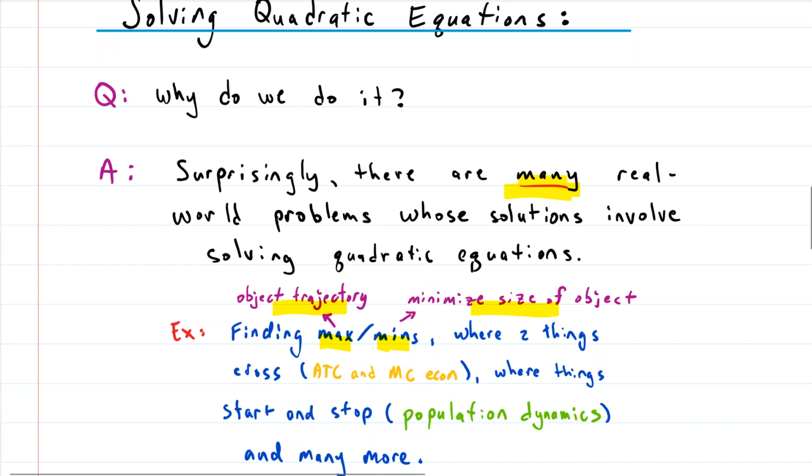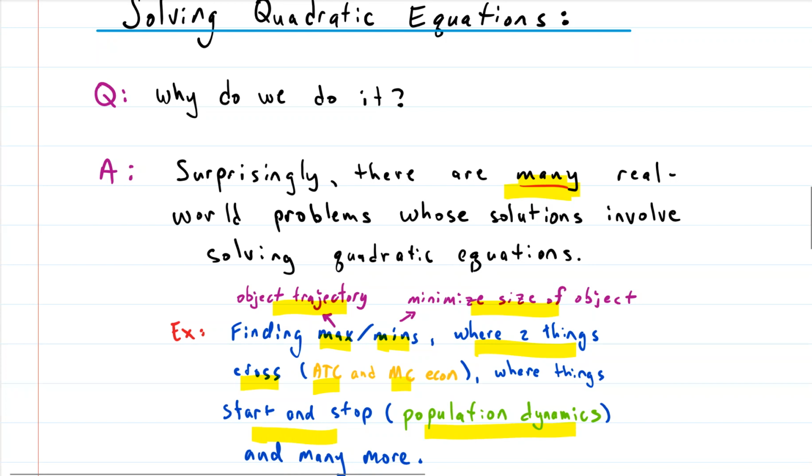You can often use quadratic equations, or they're involved in solving problems that discuss where two things cross, like, for example, the average total cost and the marginal cost in econ. You also will see quadratic equations in problems involving where things start and stop, like population dynamics.